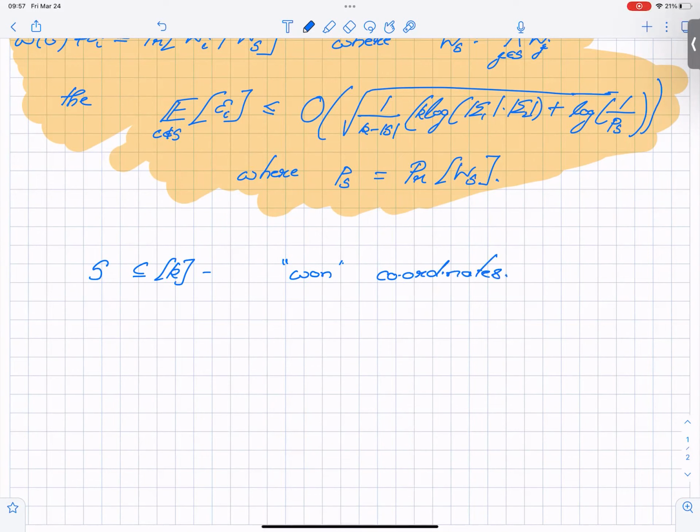And we're going to define some common randomness, a common random string or random variable, for the two provers. And it consisted of 3 parts.